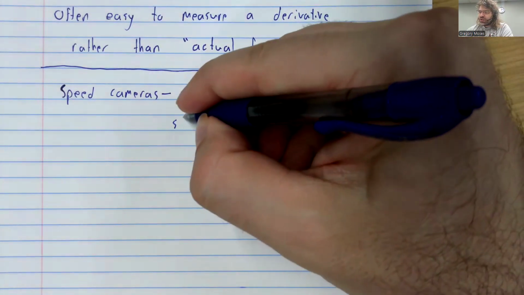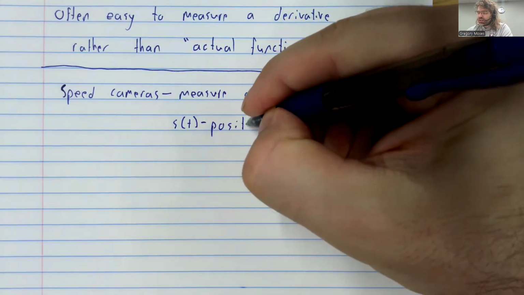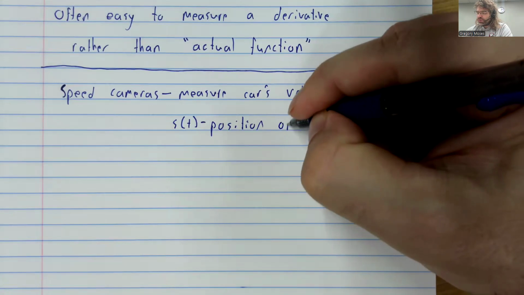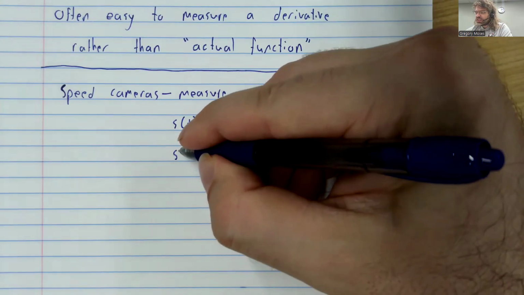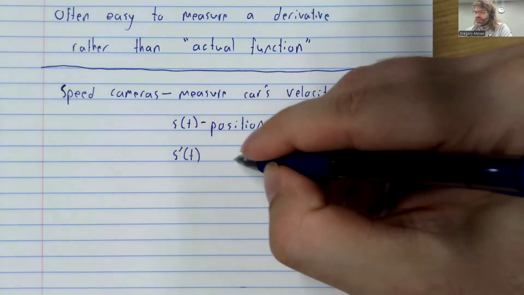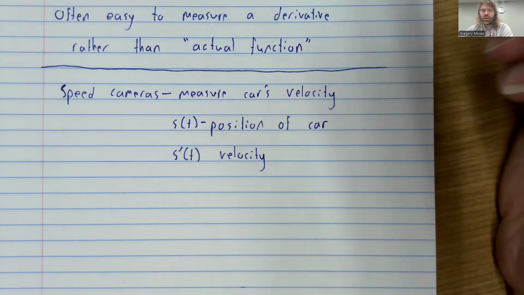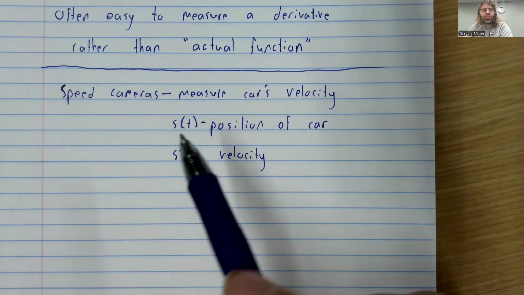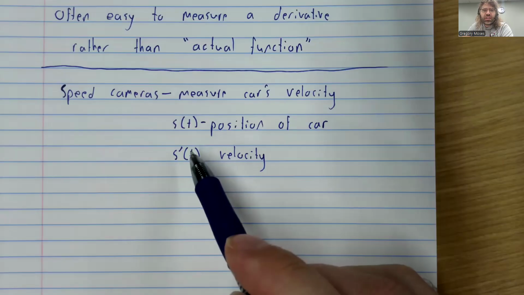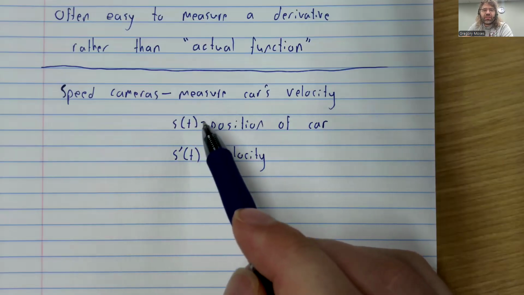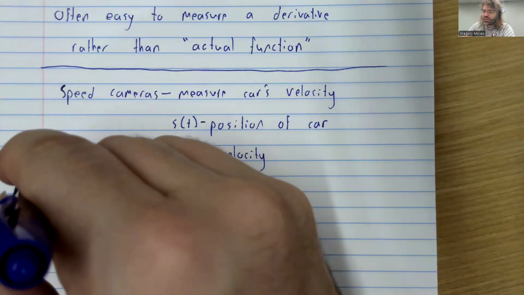And if S of t is the position of the car, then the velocity is S prime of t. So we can use a speed camera to measure the derivative very easily. That doesn't give us S of t, it gives us S prime of t.